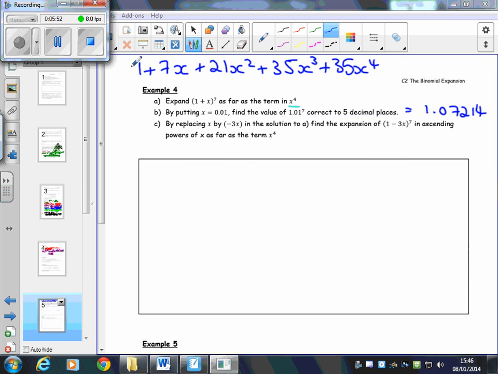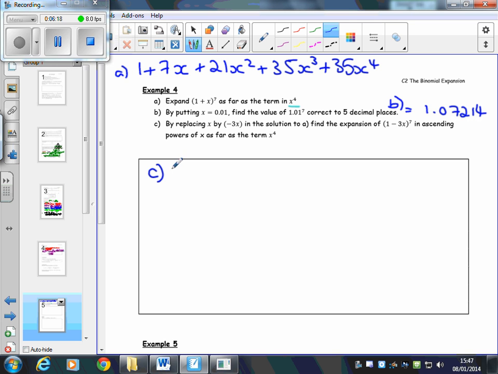So we have our solution from part A, we have our solution to part B, and now on to part C. So we've been asked to replace x by minus 3x in the solution to part A to find an approximation for 1 minus 3x to the power of 7 up to the x to the power of 4 term.